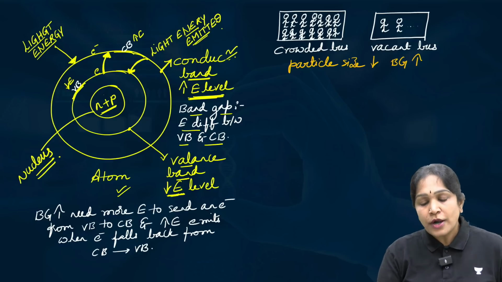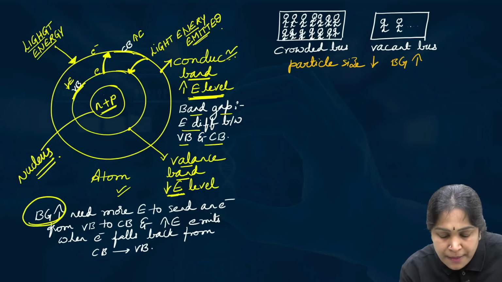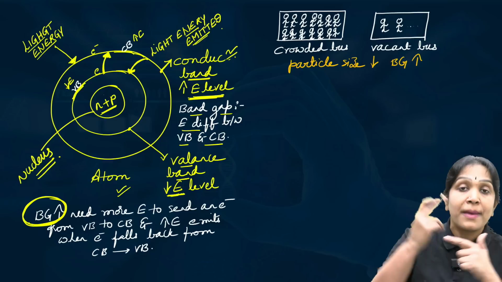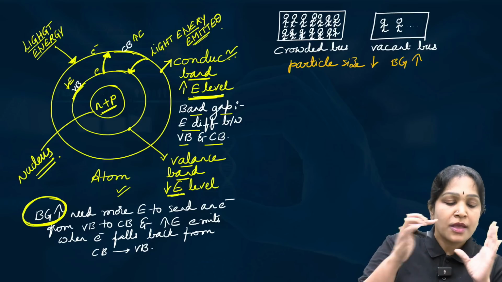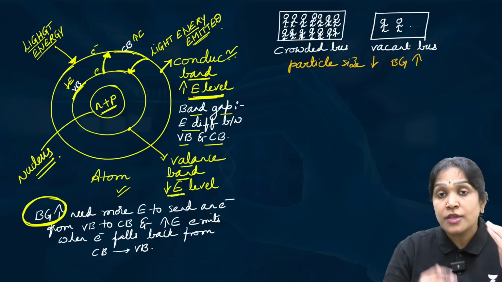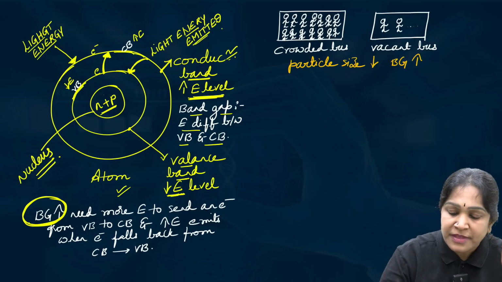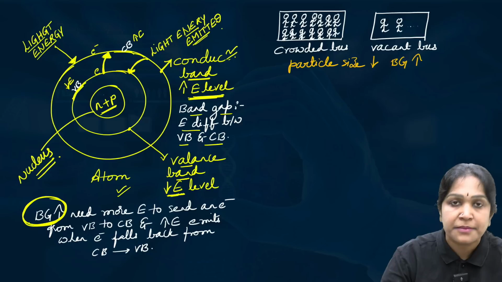Okay. Then what do you mean by more band gap? More band gap means more energy difference between valence band and conduction band. I mean, you need a lot of energy to send the electron from the valence band to the conduction band.